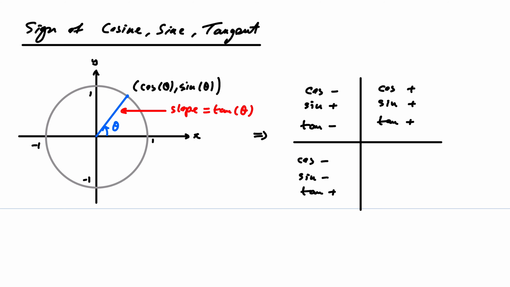So cosine is positive, sine is negative because it's the y-coordinate, and tan is negative. So useful stuff to understand. Very nice. Again, don't memorize that. Absolutely not. Understand why it's true. I couldn't have written down the right-hand side here cold without at the very least thinking through this unit circle definition.